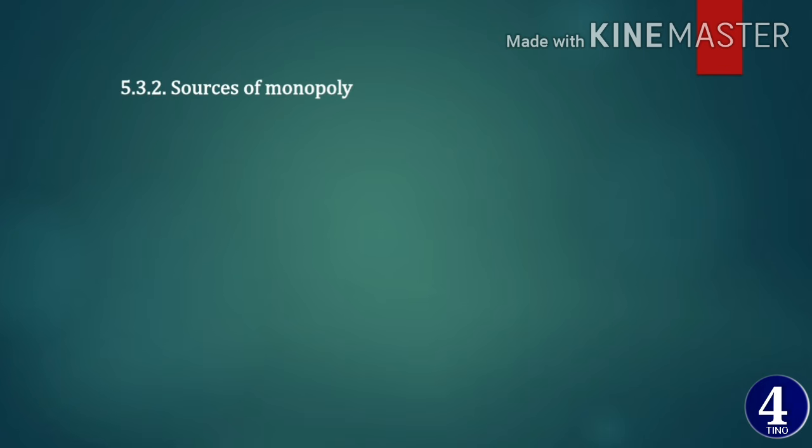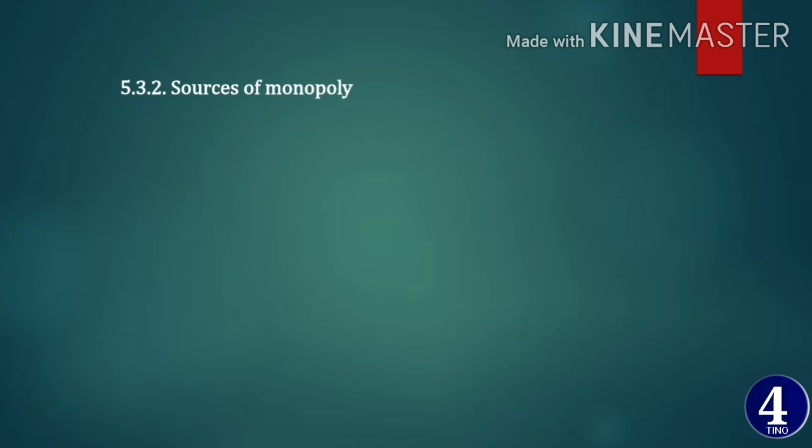Now let us discuss the sources of monopoly, which means what are the causes for monopoly to exist, or what are the reasons for an individual, or for a single company, or for a single organization to become a monopoly on some products.